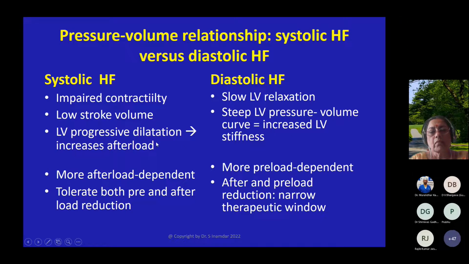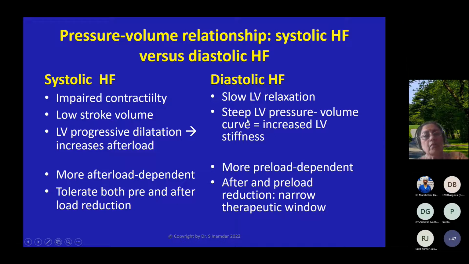There is progressive LV dilatation causing more afterload, and that is why we give afterload reduction in these patients. These are more afterload dependent. I just told you that if you reduce afterload, they behave very nicely. And systolic heart failure is relatively easy to treat, in that they tolerate both pre- and afterload reduction. As against that, in diastolic heart failure, there is slow LV relaxation.